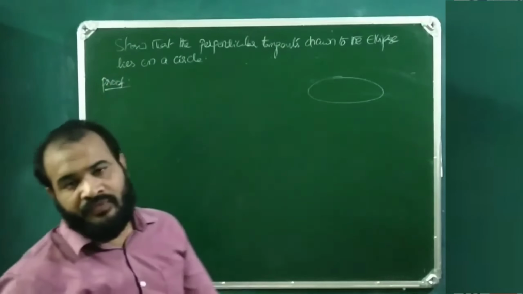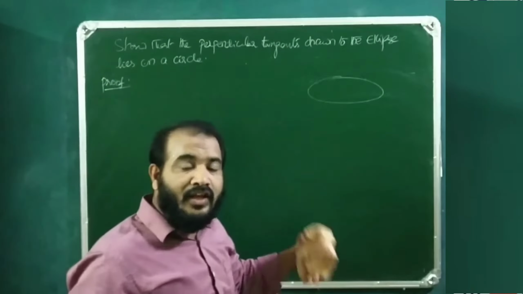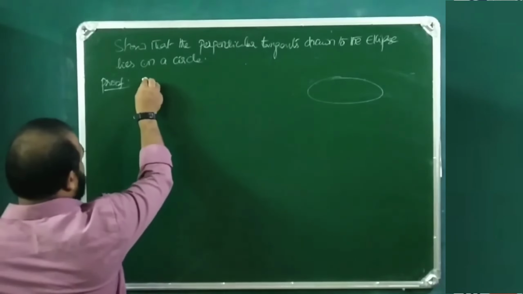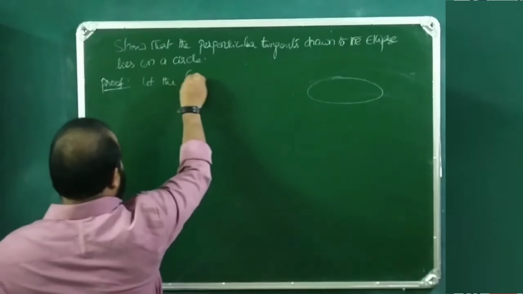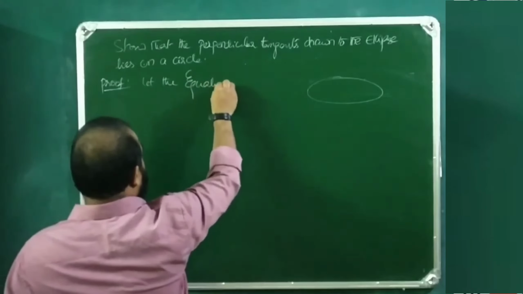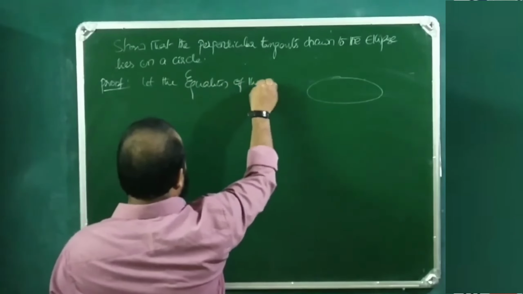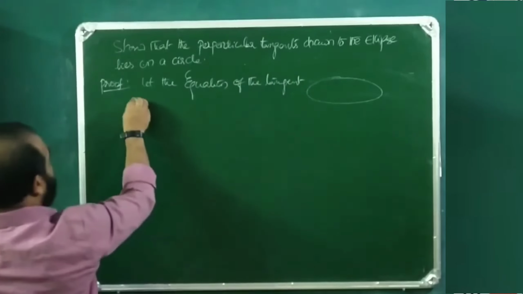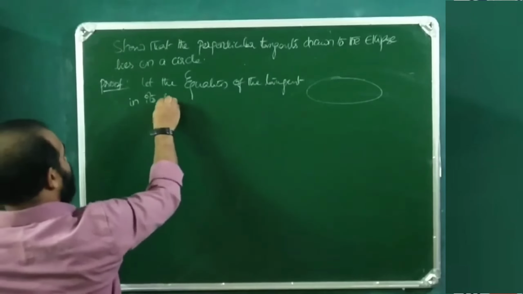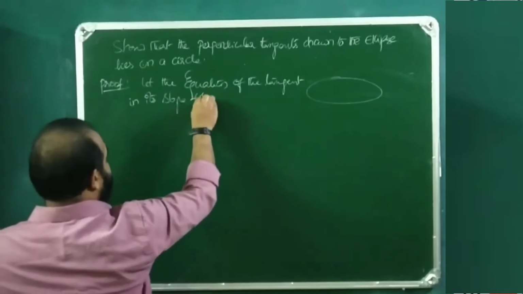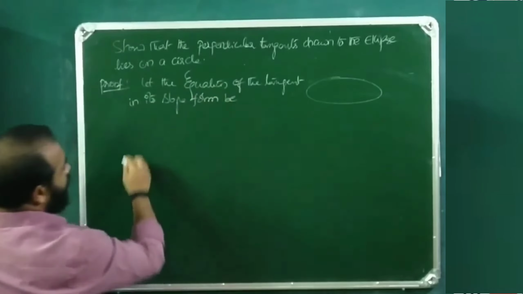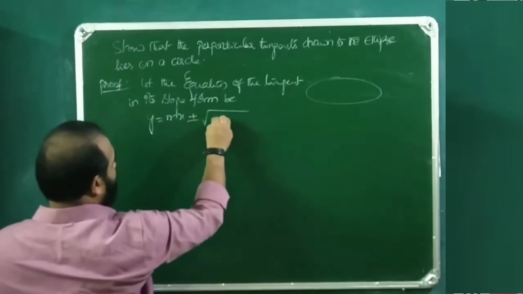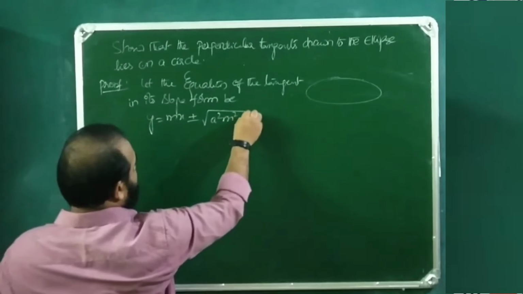Let us take the equation of the tangent in its slope form. Let the equation of the tangent in its slope form be y equals mx plus or minus square root of a square m square plus b square.